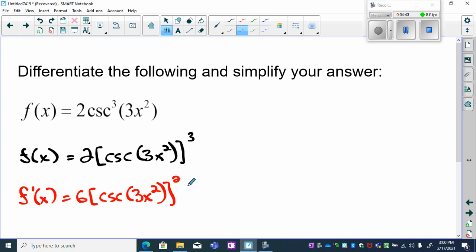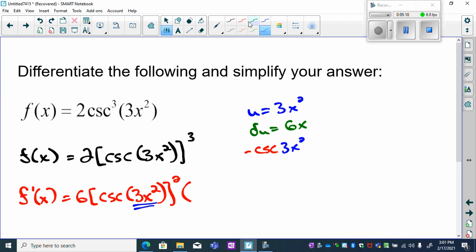Now I got to multiply by the derivative of what's inside the bracket. Okay, well the derivative of cosecant u, in this case my u value would be 3x squared. My du, the derivative of that would be 6x to the first. And the derivative of cosecant u, remember, is negative cosecant u, so 3x squared, cotangent u, and I'll put this argument in brackets, times the derivative of u, times 6x.